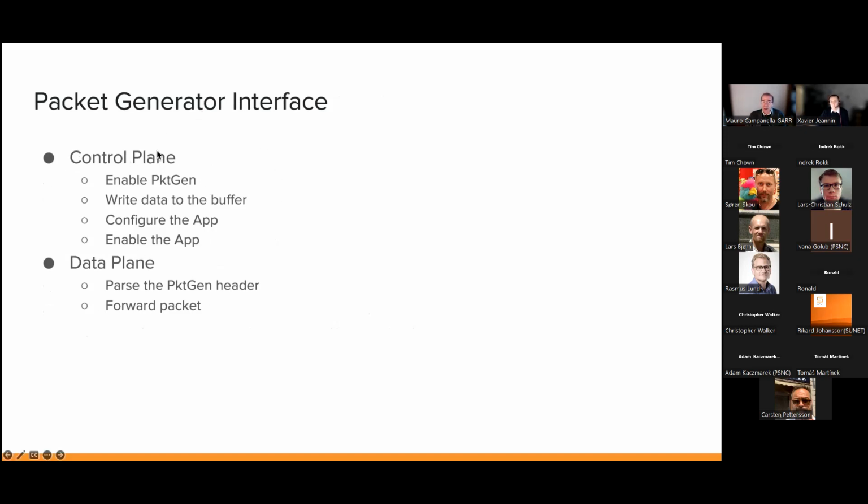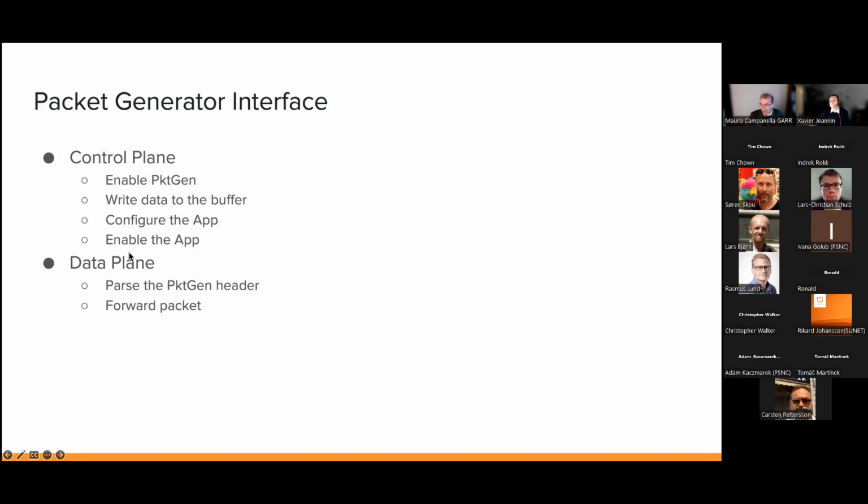So you have to work on two planes. You have a control plane in which you have to enable this functionality to generate a packet. Then from the control plane, you have to write data to the buffer and configure the specific app in the switch that generates the packet, and enable that app.